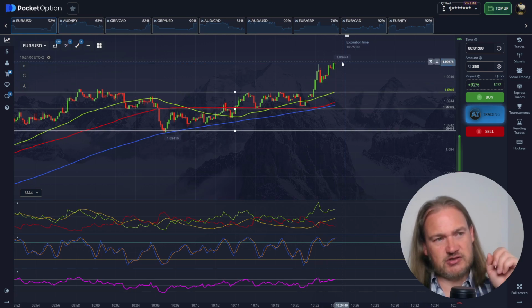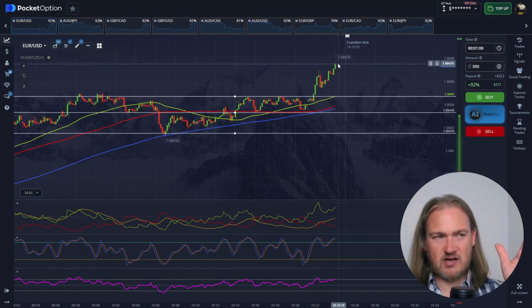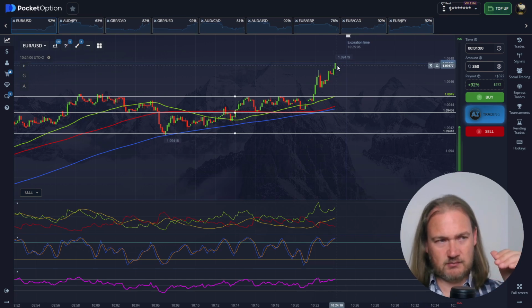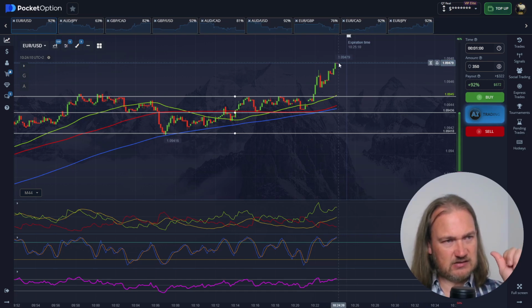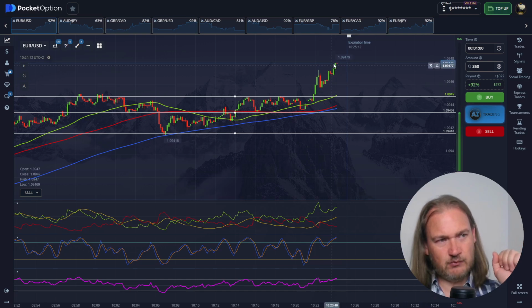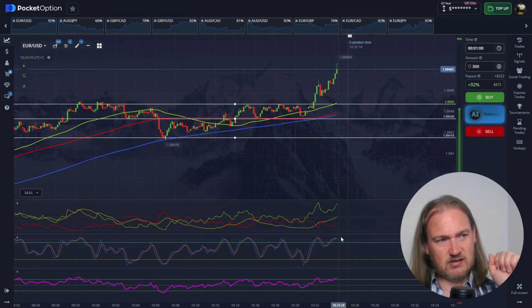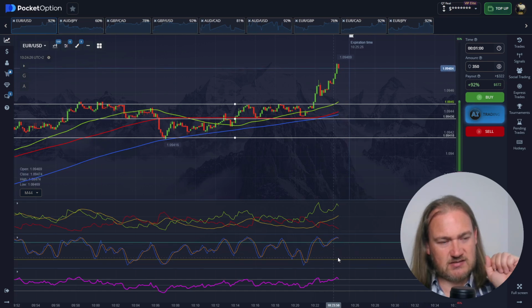If price keeps pushing, and this is something that's likely to happen, but not will, you can never predict, but this is a scenario that's likely going to play out because it usually does. We're going to have another push and then another retrace. The next retrace should see the stochastic hit around this area here. It should come down, maybe even all the way, but it should at least come down.